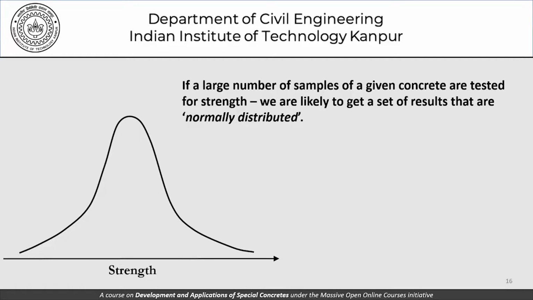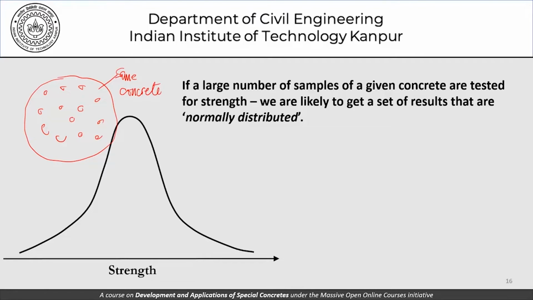For that, we must understand that if I have a large mass of concrete and we try to measure this strength at different locations, this strength, regardless of the fact that it is the same concrete, will not be the same. It will show a certain amount of variation.